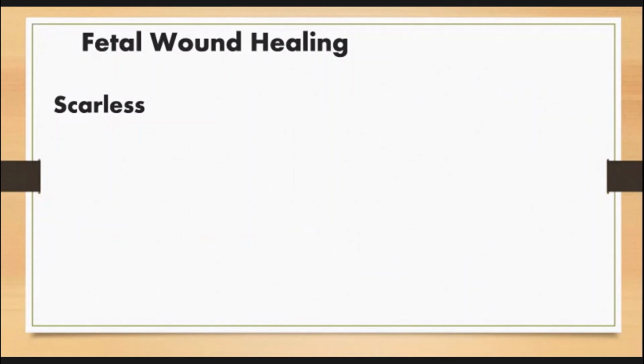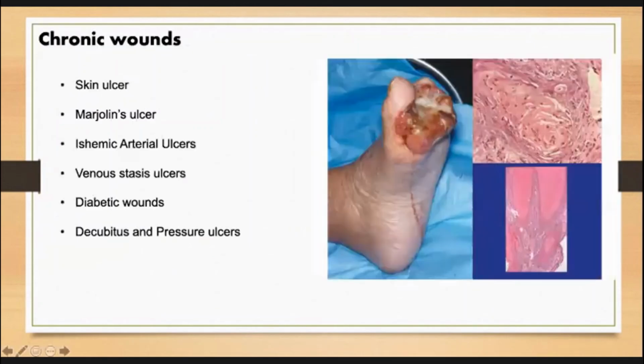Proposed contributing factors to scarless healing in fetal wounds are the presence of fewer neutrophils, fewer inflammatory cells like monocytes, a shorter inflammatory period, lower concentrations of cytokines, and a greater proportion of type 3 collagen in contrast to adult wounds. That's why your fetal wound healing is usually scarless.